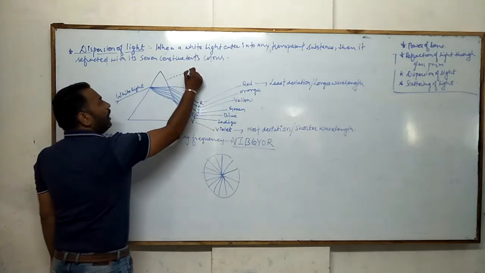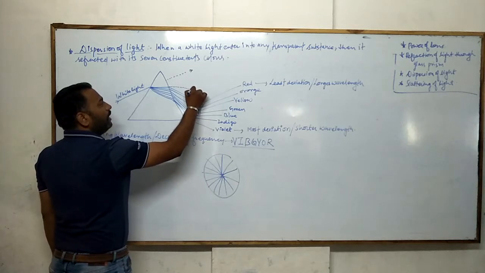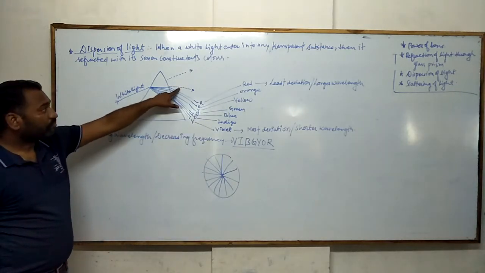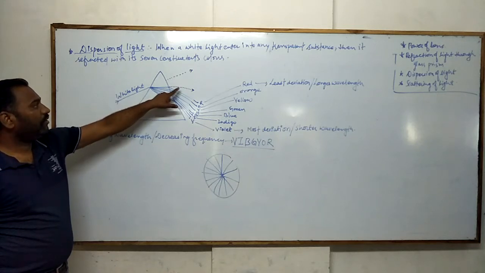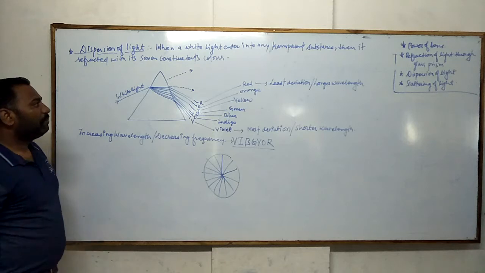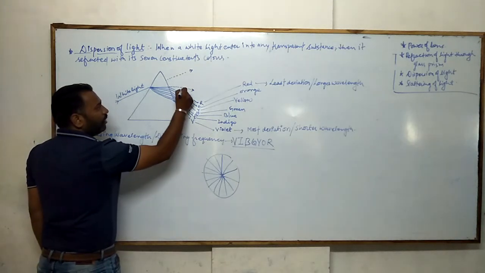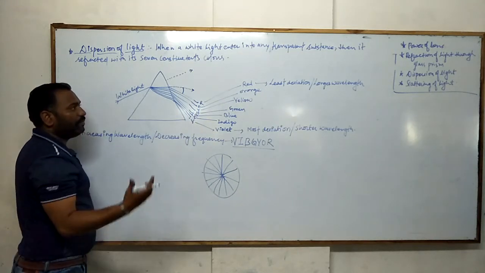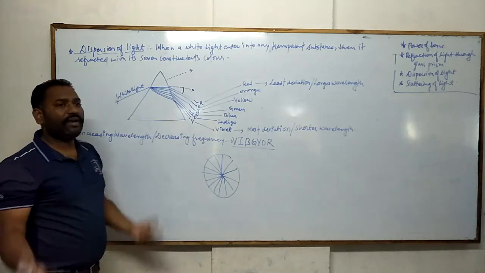So this is the path of incident light without refraction, and this is the path of light just after the glass prism. But you can see they are forming different angles. Every color is making a different angle.